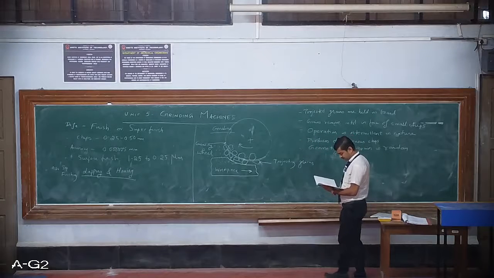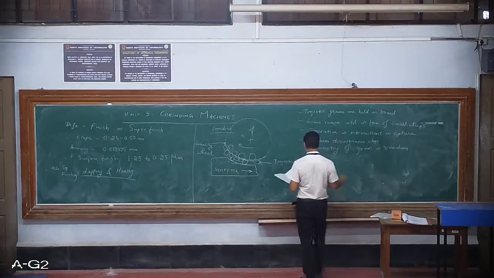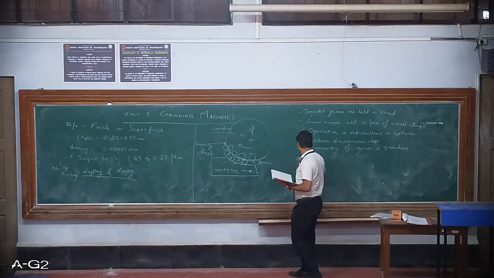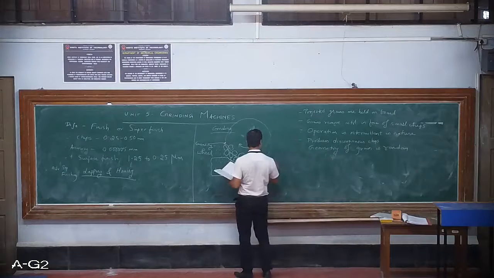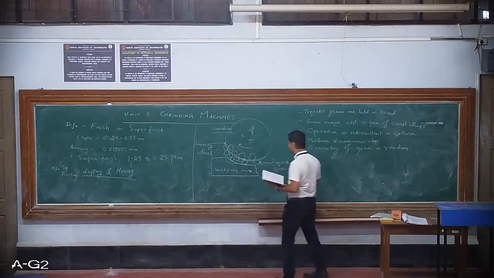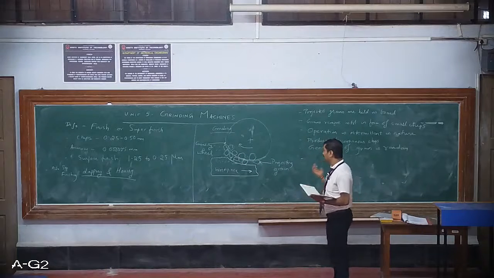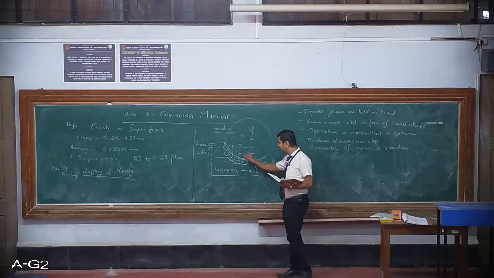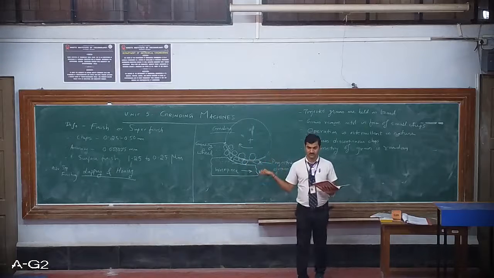Next, what about the load acting on each grain? There will be a sufficient load acting on each grain. So what kind of load is it, whether it's uniform or non-uniform, and it also depends on how many grains are there in a particular section of the wheel.